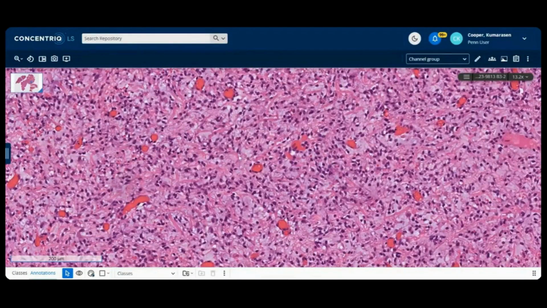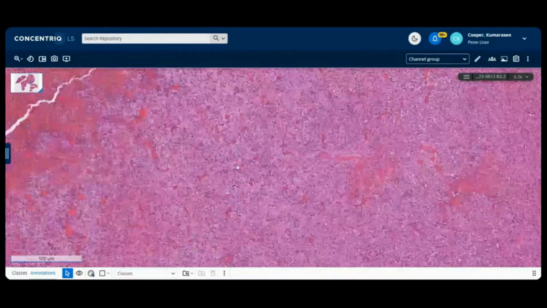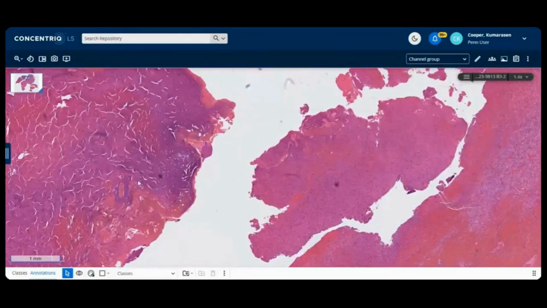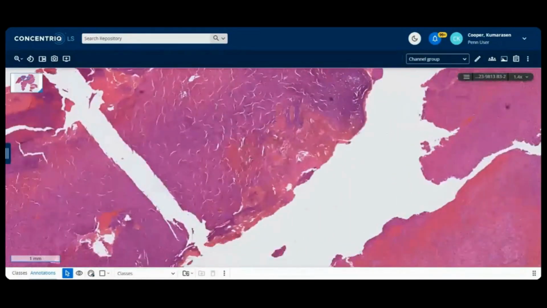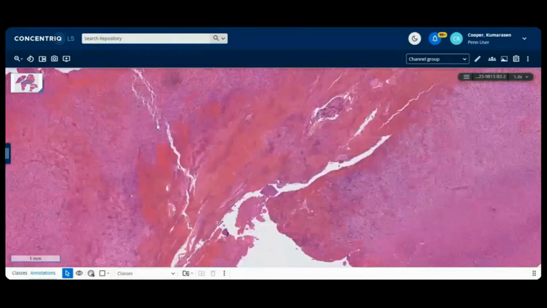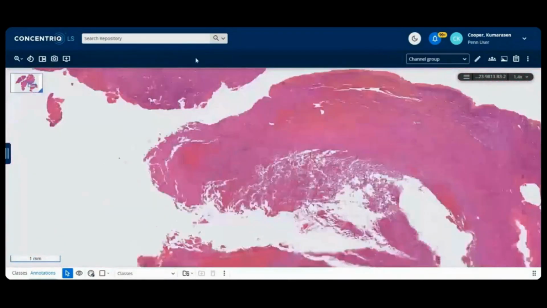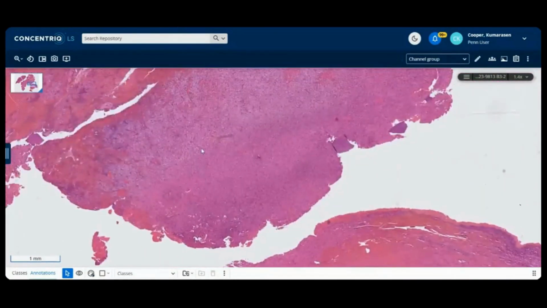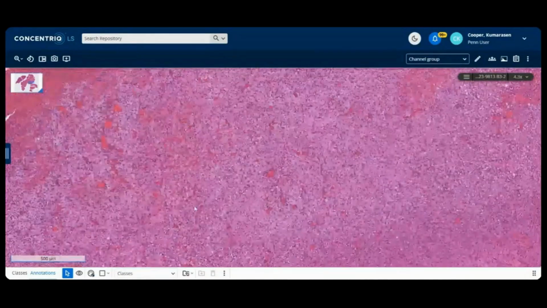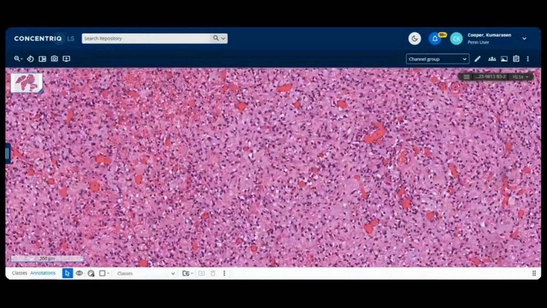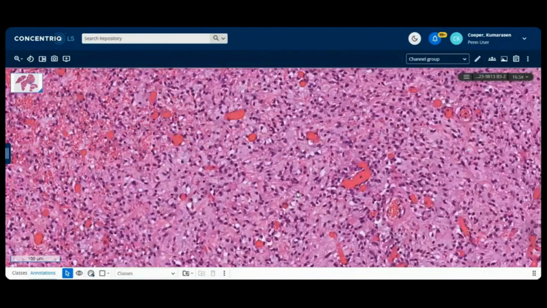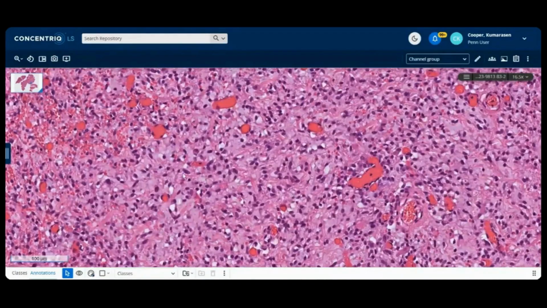So here I'm just taking you on high power just to show you, because this is all the same morphology. Excuse me, a lot of crack artifact there, so we'll pass that by. Let's try and stay with the morphology, and that section seems to be the best. You can see these small capillaries in the background, and ovoid and spindle cells.